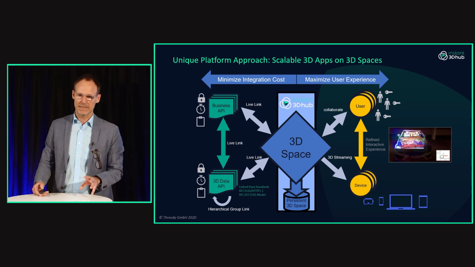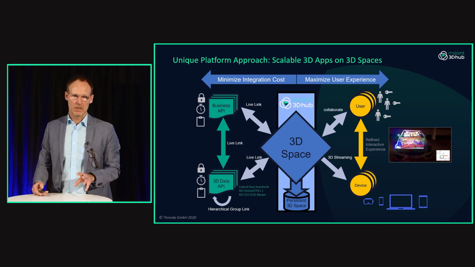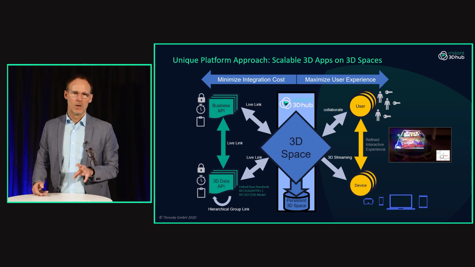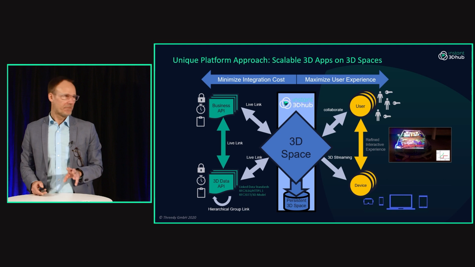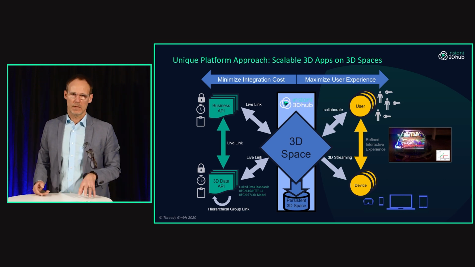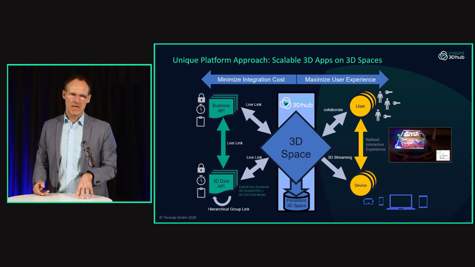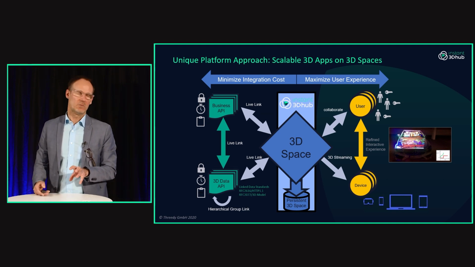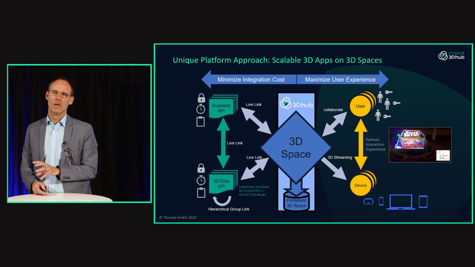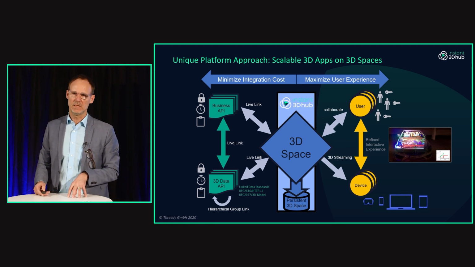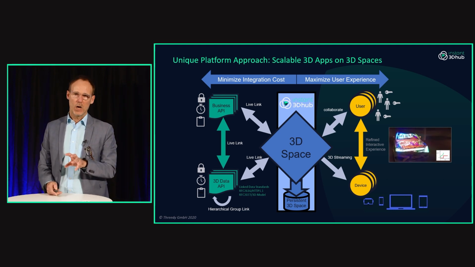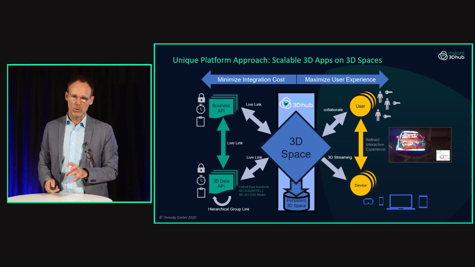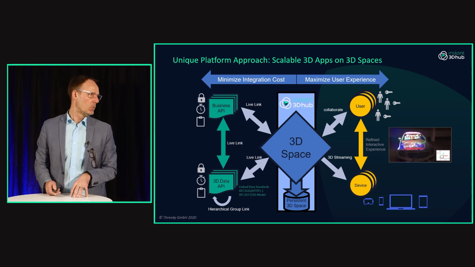We use linked data standards and web standards to connect business data and 3D data with simple REST interfaces that use elements for negotiation and formats, and connect those directly to the 3D spaces, which are then distributed with 3D streaming to the clients, where we control how the data is refined and viewed.